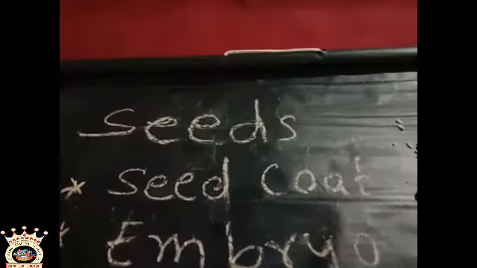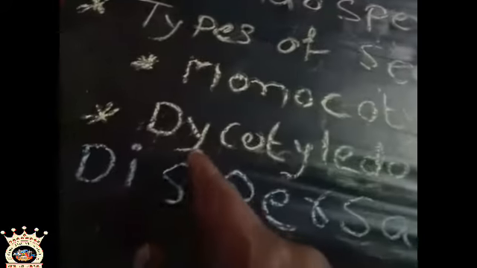Then types of seeds. There are two types of seed depending upon the seed leaves. Number one is monocotyledonous, and the second one is dicotyledonous. Here mono means one cotyledon or seed leaf, di means two cotyledons or seed leaves.